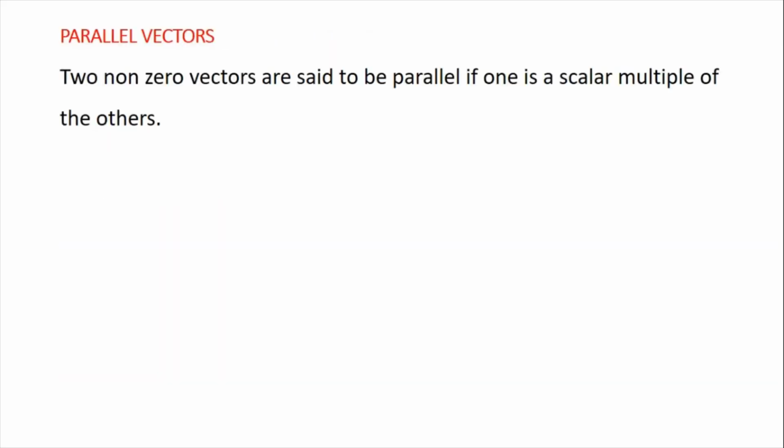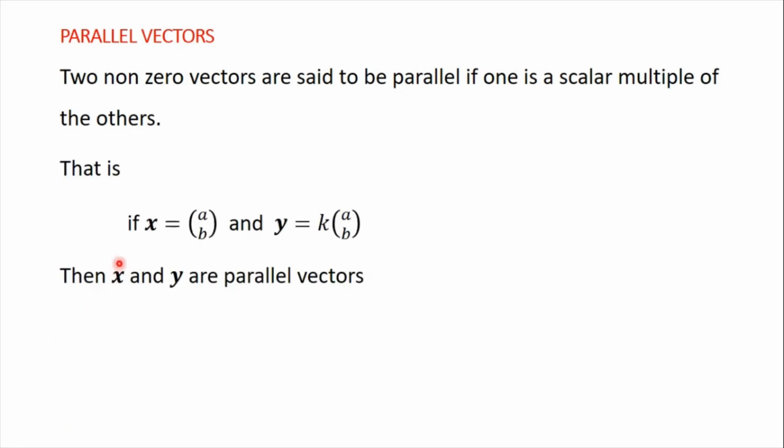What are parallel vectors? Two non-zero vectors are said to be parallel if one is a scalar multiple of the other. What does this mean? This means that if you have a vector, let's say vector x, with coordinates (a, b), and you have another vector y, which is a scalar multiple of vector x.